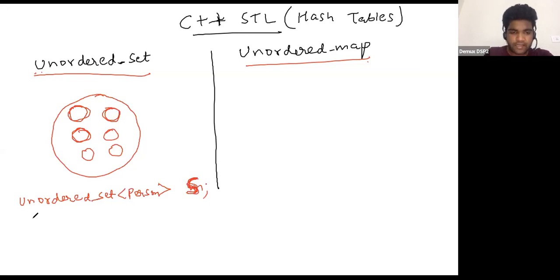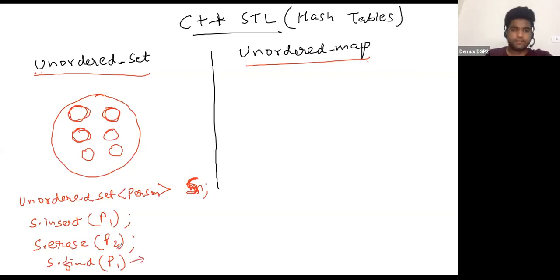You can have this, and then you can use s.insert with a person's object, let's say p1, to insert; s.erase, I think, or remove, we will have to see, to remove; and s.find(p1), let's say, to search. And all of these, on average, they say we give you order 1 complexity for doing these operations on average.